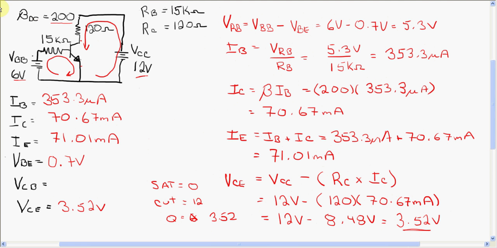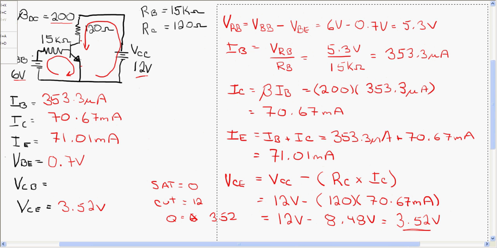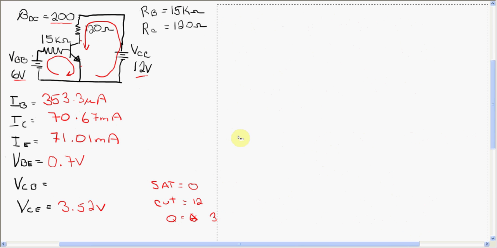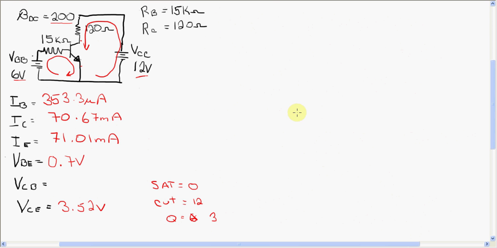The only thing left to solve for is VCB, and that's pretty straightforward. All the numbers are there now. If you imagine down here is ground, and this is where we're referencing, if I were to measure from here to the base, I'd read 0.7.